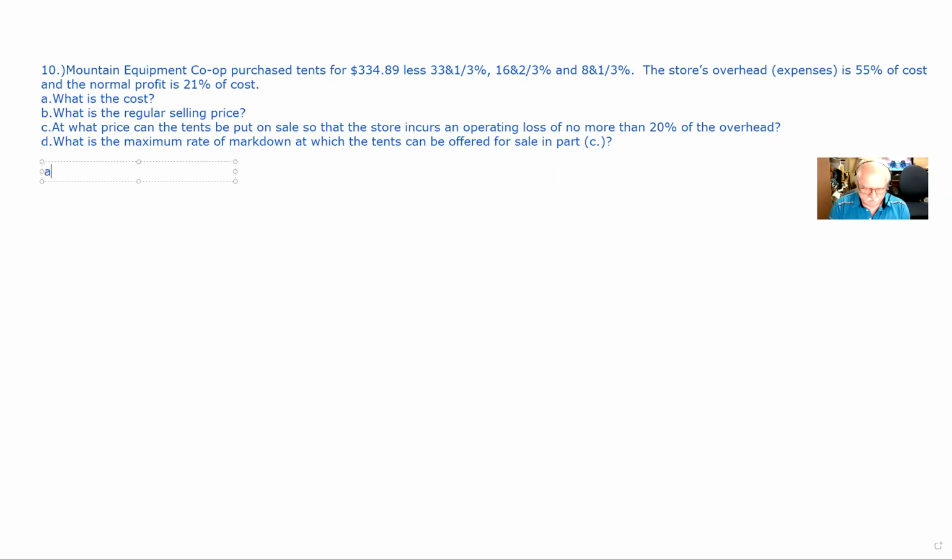So part A, we're doing N equals L, but L in this case is 334.89.